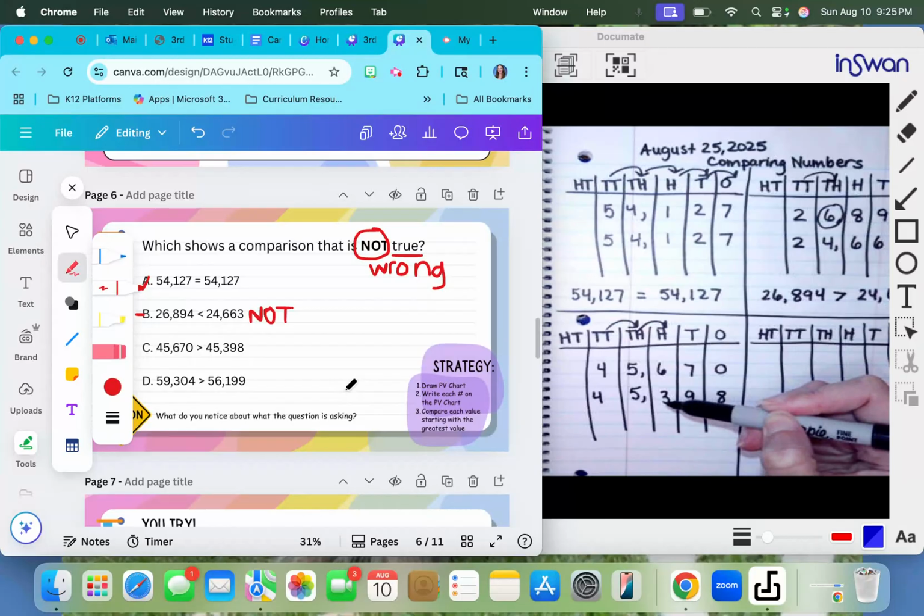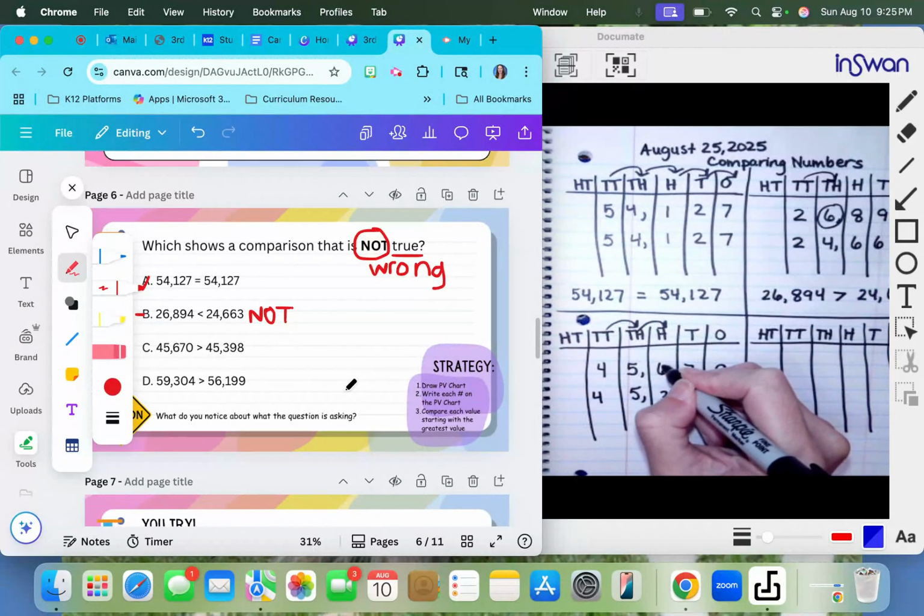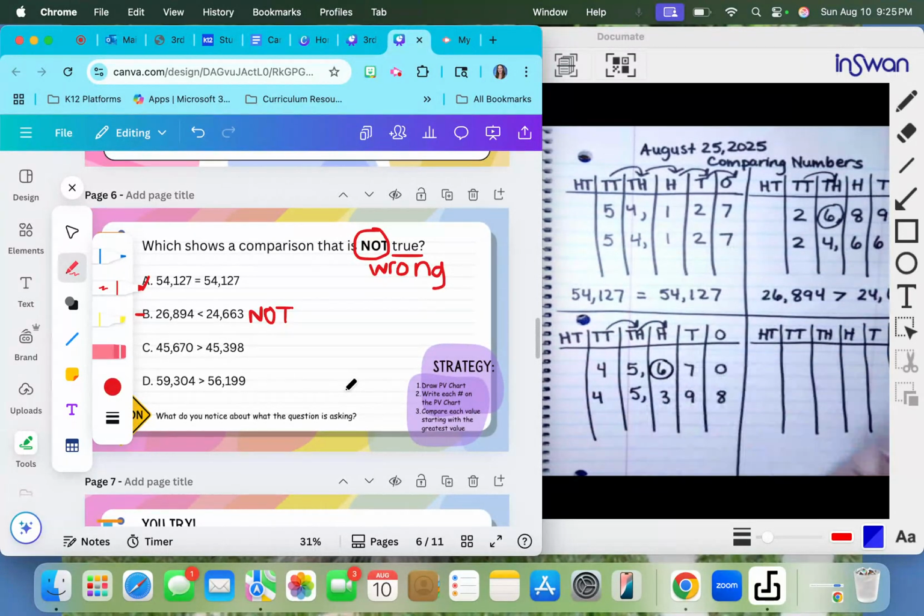600 and a 300. Those are different. Who is greater, 600 or 300? Yep, 600 is greater. So I'm going to circle to tell me that this number is the greater number. So I'm going to write my comparison statement in the order that the numbers are in.